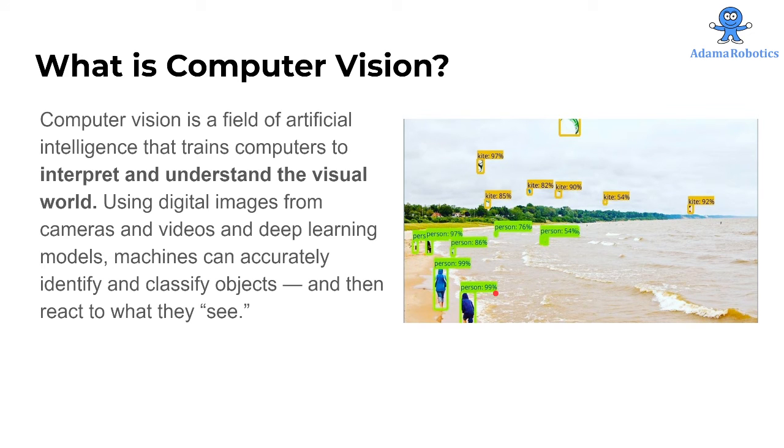Okay, so they're saying person 99% match, this one is 99%, this one's probably a dog, so this misinterpreted this. Okay, so we need a lot of training for these computers to understand.